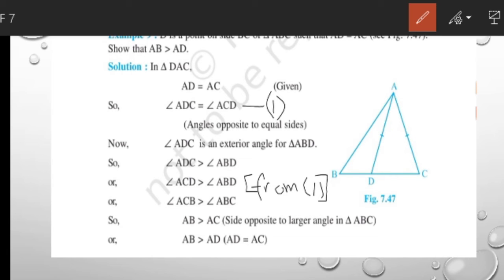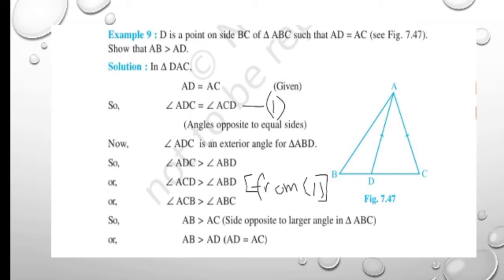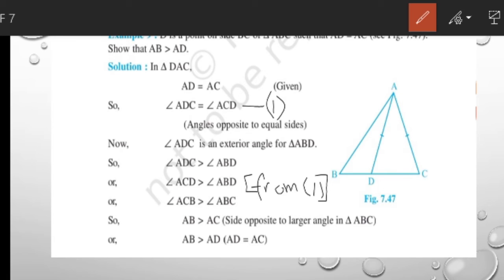Here let us first go through the question. The question says D is a point on BC of triangle ABC such that AD is equal to AC. Show that AB is greater than AD. So here it is said D is a point on the side BC such that AD and AC are equal.